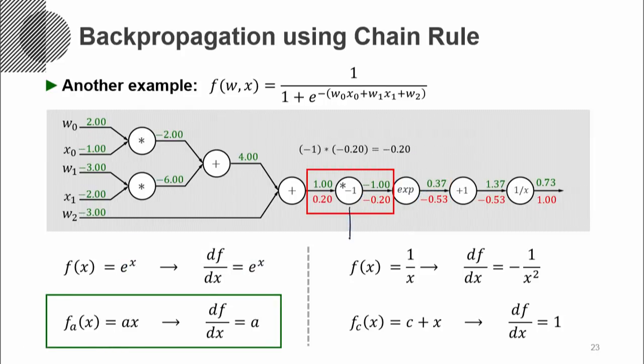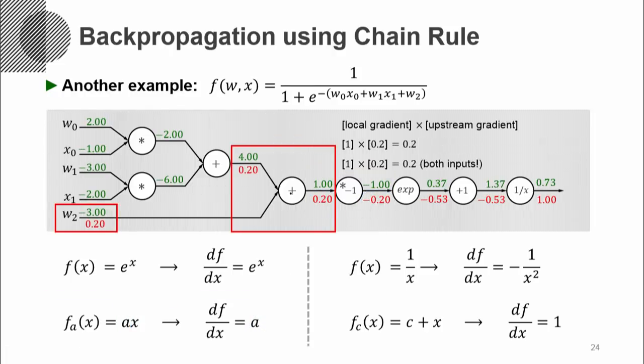Moving on to the next one, it is a times x, where a is minus 1. If we take the derivative with respect to x, we will obtain a, and a is minus 1 in this case. And thus we simply multiply this value with minus 1.